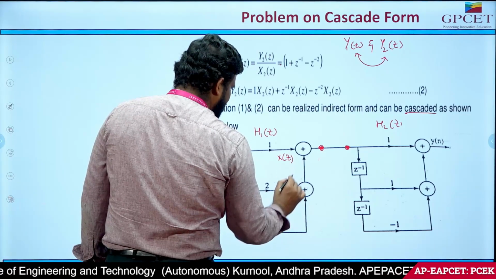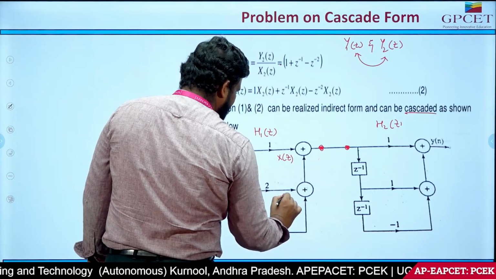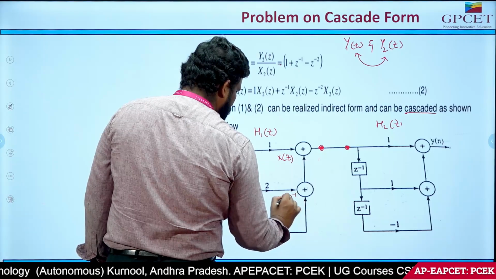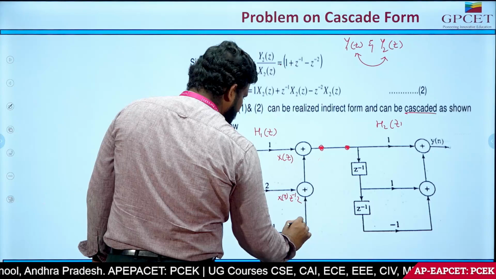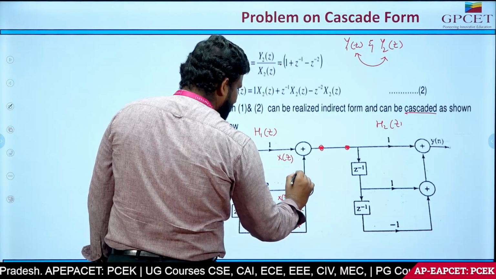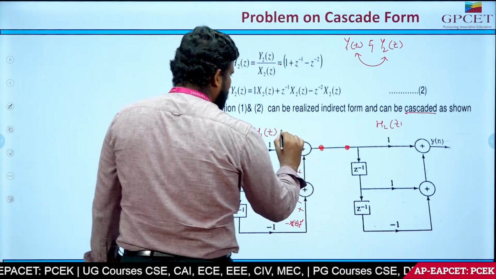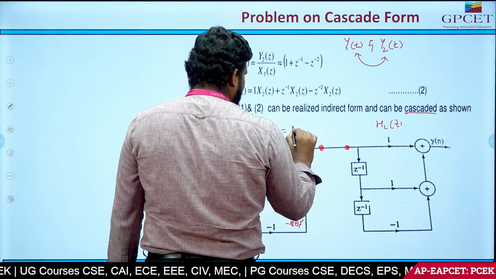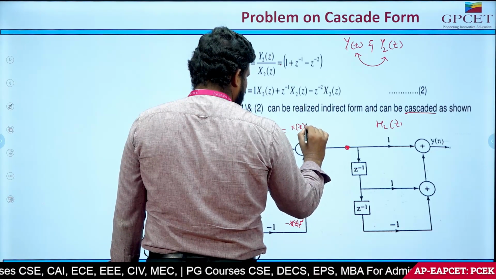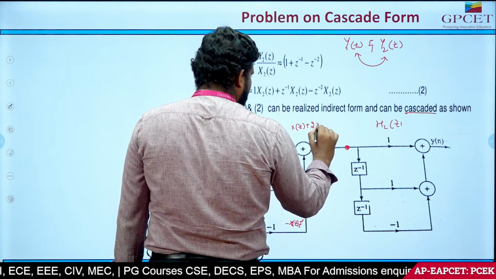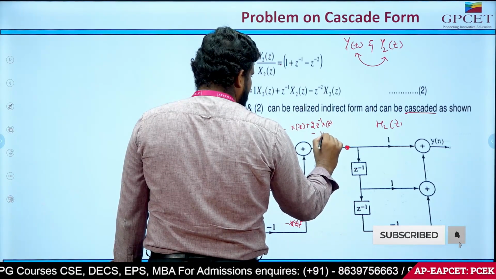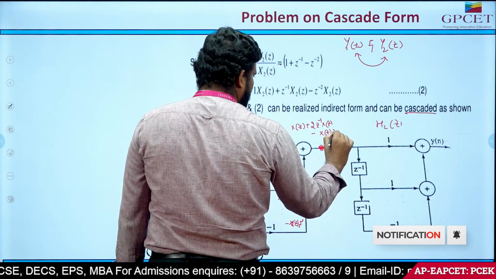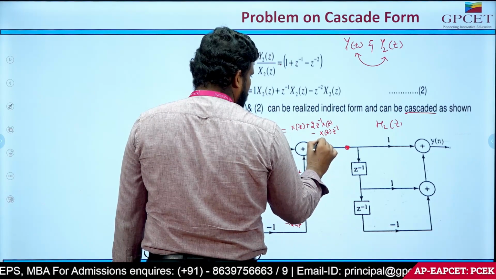Second term I am going to get X of z, z power minus 1 into 2, and minus X of z, z power minus 1. Here plus, here plus. So H1 of z is equal to X of z plus 2 into z power minus 1 X of z minus X of z into z power minus 2. So this is the total term I am going to get here.